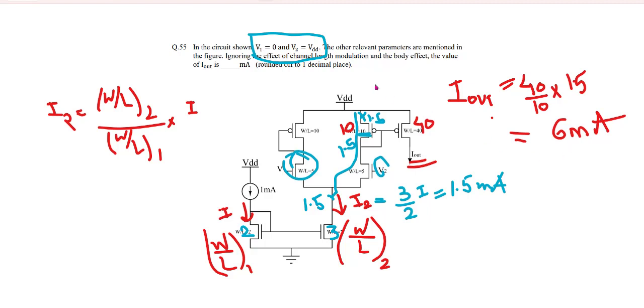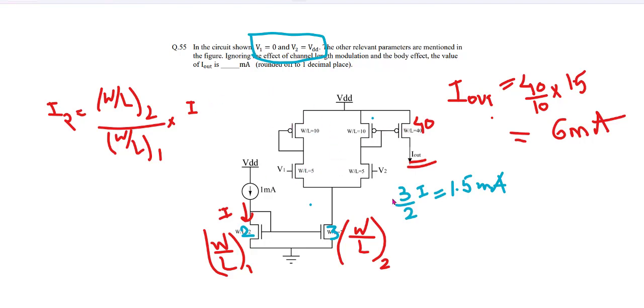The catch in the question is V1 and V2. This is kind of a differential amplifier, right? Suppose both are given as VDD, so both are on. Then you have to see what the aspect ratio is here.